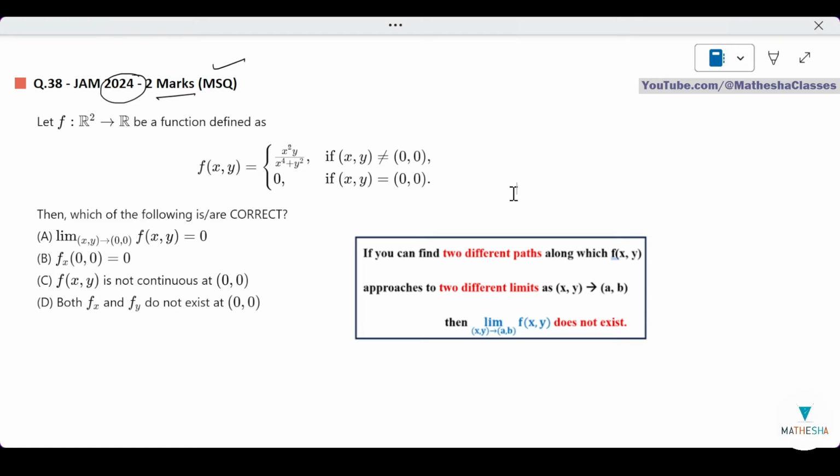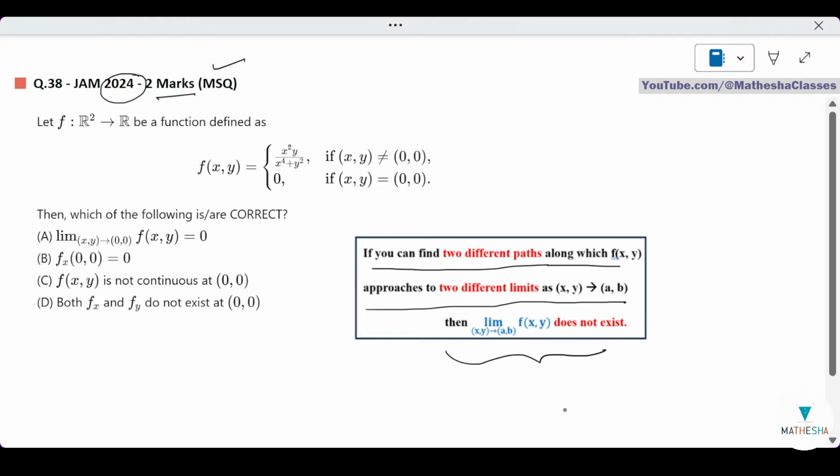We'll use this particular result. What does it say? If you can find two different paths along which f(x,y) approaches to two different limit as (x,y) tends to (a,b), then the limit does not exist. तो यहाँ पे भी हम ऐसा दो पाथ ढूंढेंगे such that this particular function will fail to have same limit along them. So क्या क्या हो सकता है वो path?